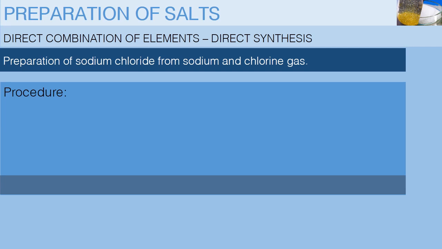Welcome back. Preparation of salts using direct combination of elements, or rather we call it direct synthesis. Again, I take you back to Form 1. I told you this topic relates a lot with what we have already done. In Form 1, when we were talking about elements, the constituents of elements, we said that a compound is formed when two elements combine chemically.